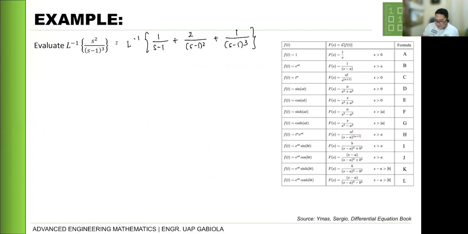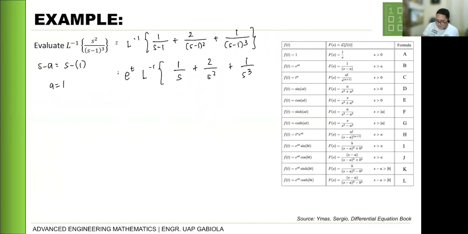Then, how can we change this? Okay? So, yung S minus 1 natin, we have S minus A is equals to S minus 1. Okay? So, ibig sabihin ng A natin is equals to 1. So, we can factor out e to the t, no? Or L negative 1 of 1 over S plus 2 over S squared plus 1 over S cubed.